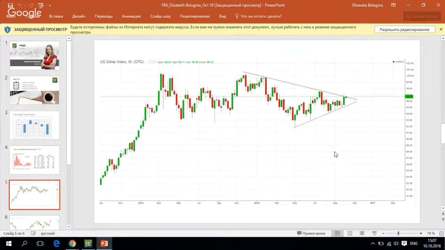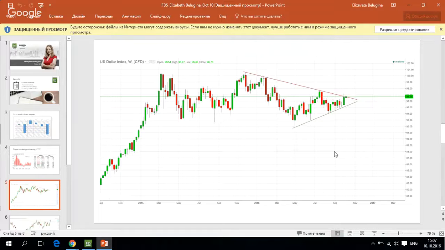Now let's have a look at the US dollar index. We saw a sizable growth last week. The indicator tracks the dynamics of the American currency versus the currencies of America's 6 main trading partners. The index moved to the resistance line, which has been in place since the end of last year.